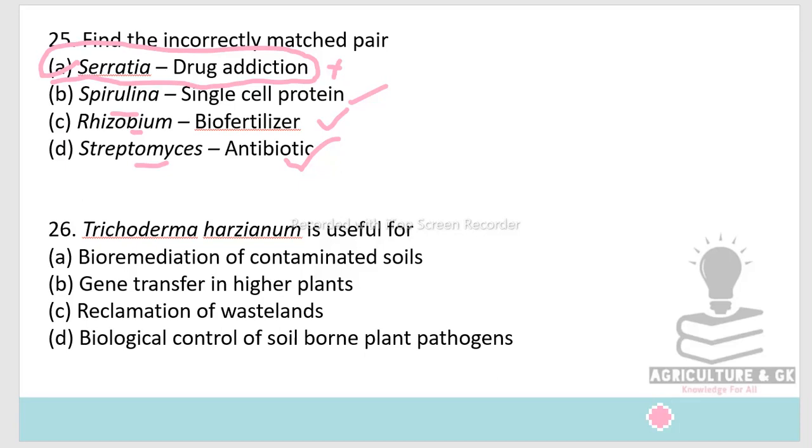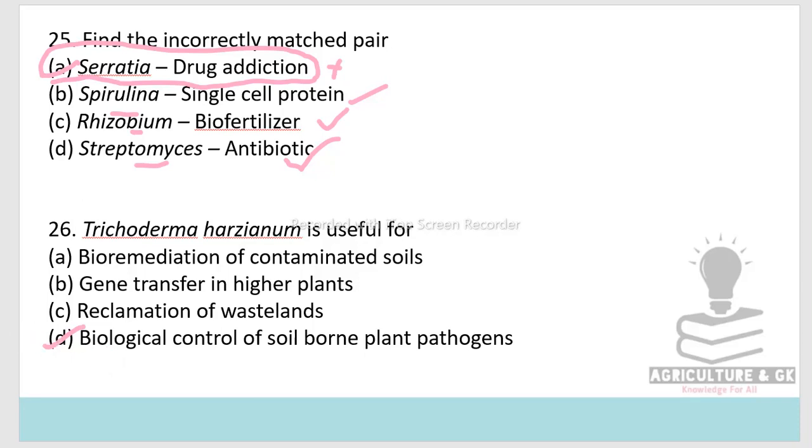So our answer will be Trichoderma harzianum is useful for biological control of soil-borne plant pathogens. That is option D. So it is a fungus. Trichoderma harzianum is ours. So it is also used as a fungicide.